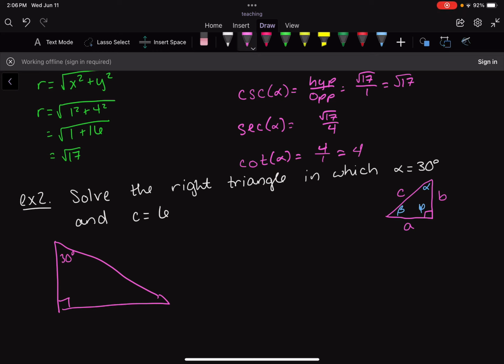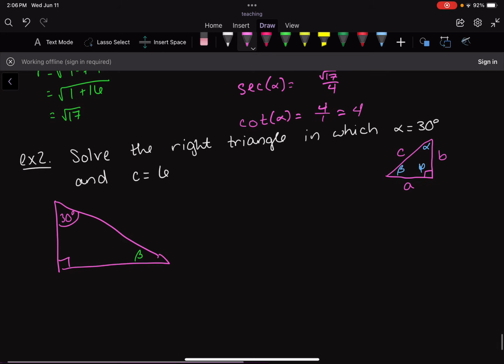I'm going to say this is 30 degrees up here. I'm going to call my missing angle beta. Also, I know that side C is 6. Usually C is going to be your hypotenuse, so that's going to be 6. Since this was alpha, I'll call this side A. Since this is beta, I'll call this one side B.